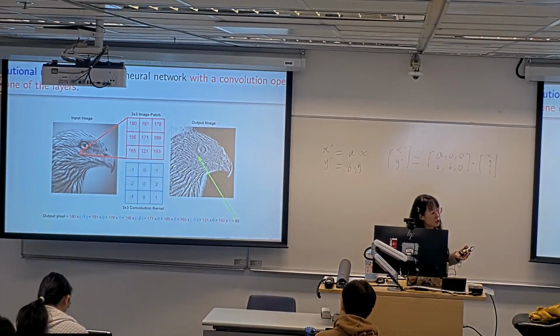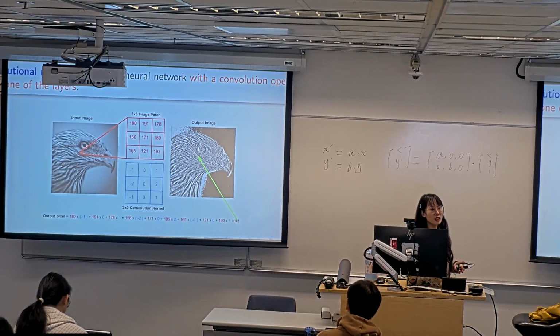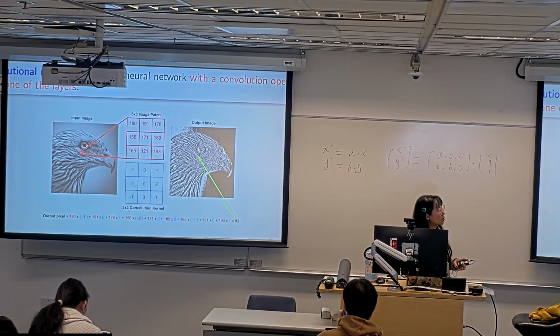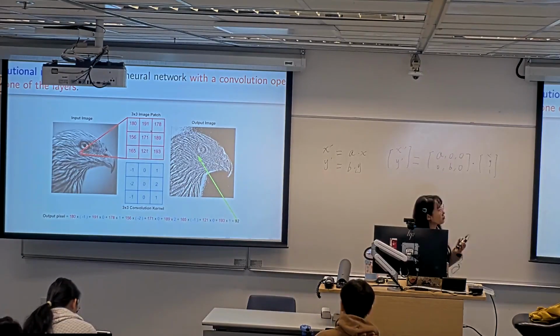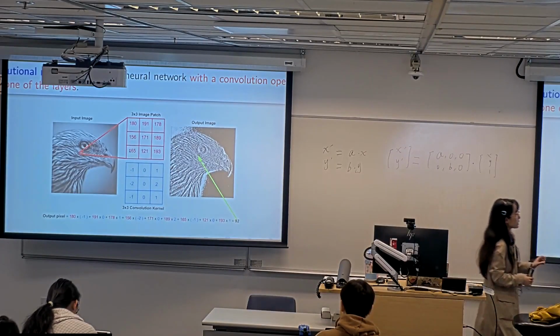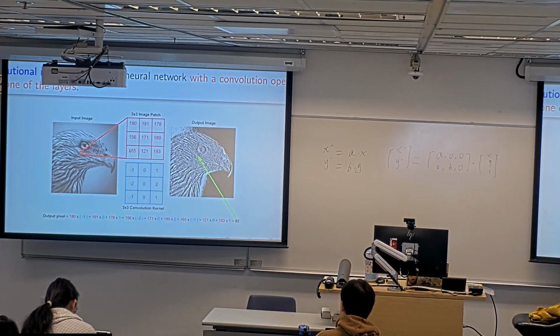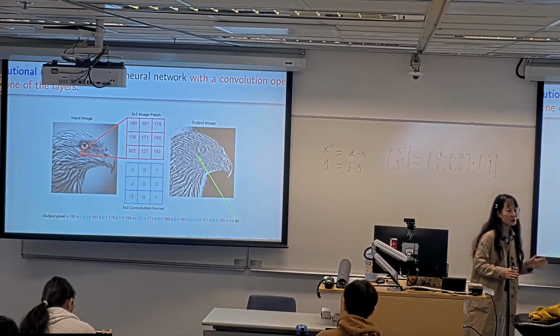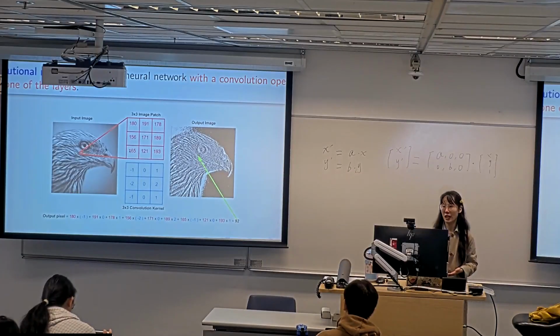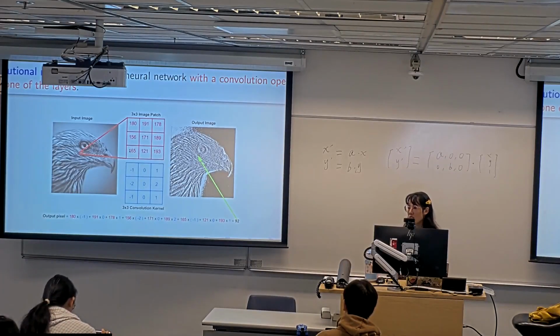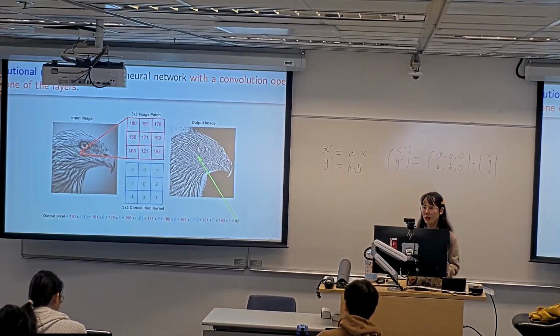So each of these nodes, like the 9 nodes here in such a 3x3 image patch, is connected with a weight. And this weight decides how important these features are. Since each entry in a kernel, like the 9 entries here, is a weight parameter, we have 9 weight parameters in this kernel. And the weight parameters should be learned, should be updated during the training process. When we're training a neural network, we do forward propagation, and then we do backward propagation.